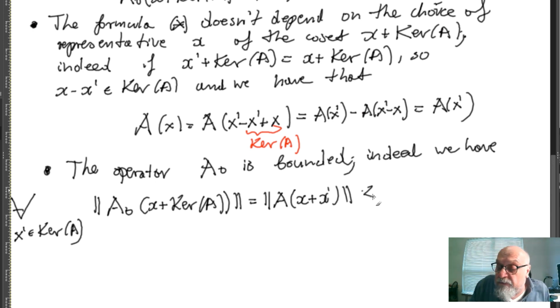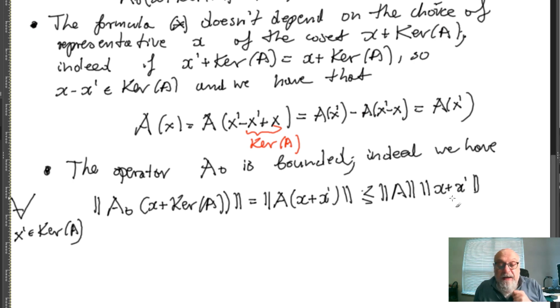By the boundedness of the operator A, this is smaller than the norm of A times the norm of x plus x prime. And as you see, this is true for absolutely every element x prime from the kernel.